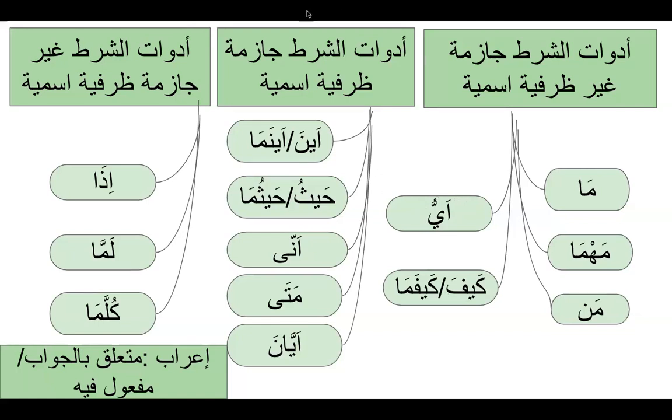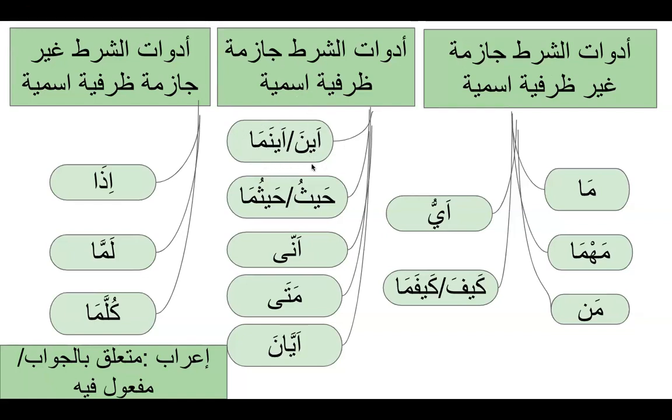And then kayfa ma has to do with however. So it is also how, which has no relationship to time and place, if you understand this. Okay. And then you had adawatu shart that have to do with time and place, right? Those are going to be adawatu shart jazima, zarfiya, and ismiya. When I say wherever or where, is it a noun of time and place?